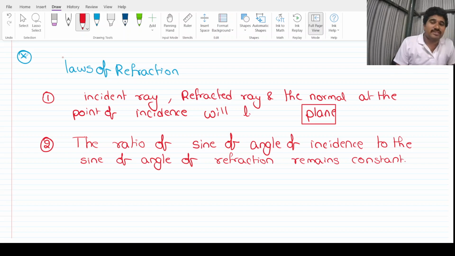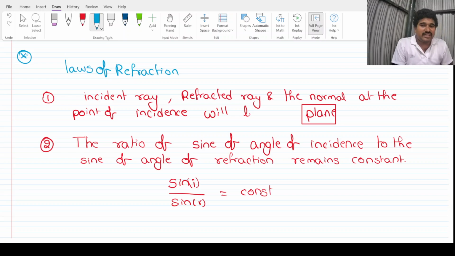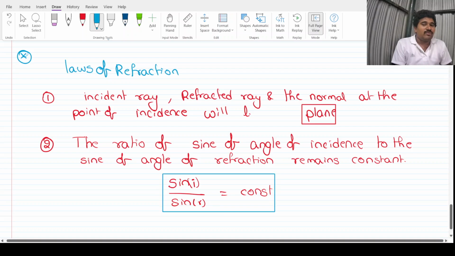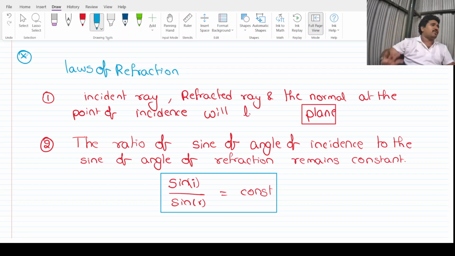That is, sine i by sine r equals constant. Here sine is a trigonometric function. We will learn about that in our mathematics in upcoming classes. As of now, just remember it as a property or law. So sine of angle i, sine of angle r, if I take the ratio, it will be a constant.